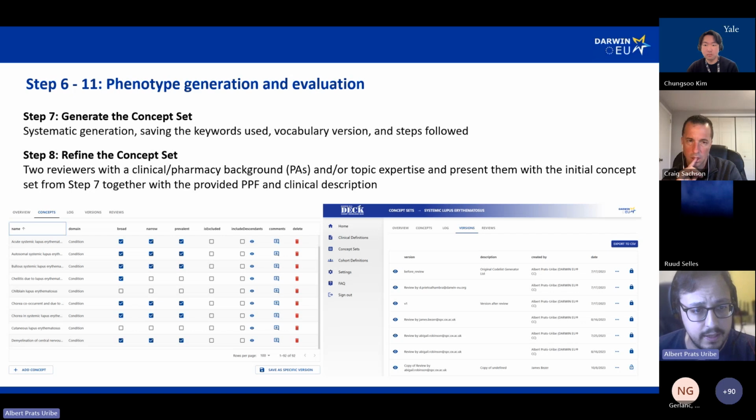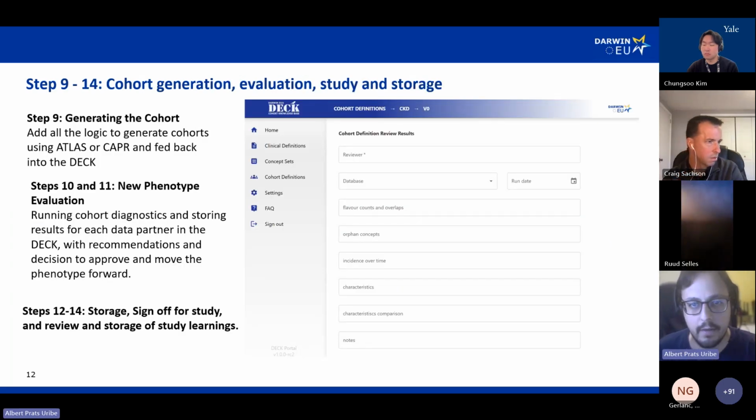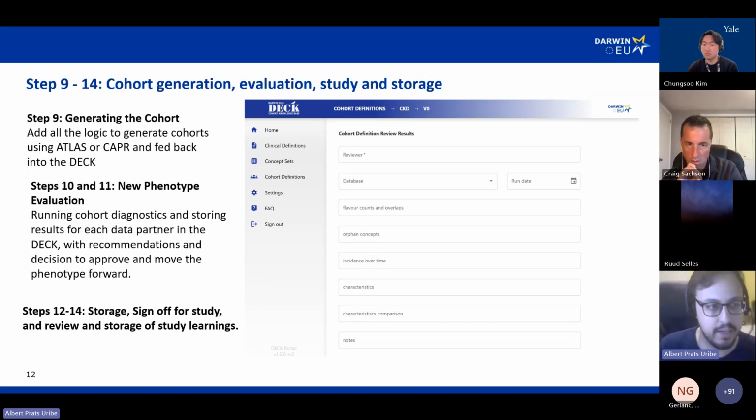Of course, this tool is built so you can review and see the different versions that have been created, what the differences are, and who did it, and all this is stored inside the tool. And then once you have this, you go to Atlas, you generate your cohort, and you run cohort diagnostics. But then you can go back to the tool and store the review of cohort diagnostics.